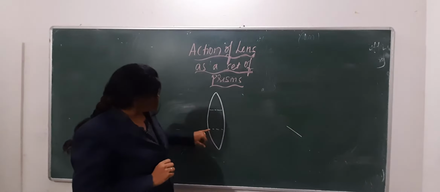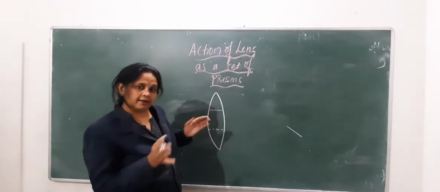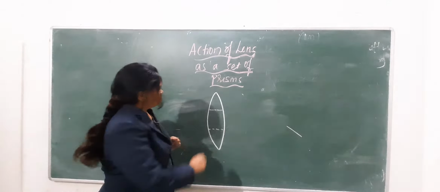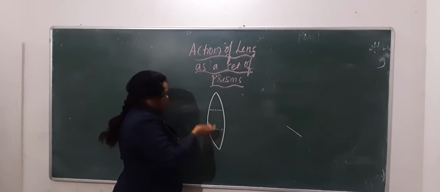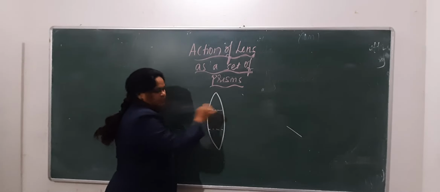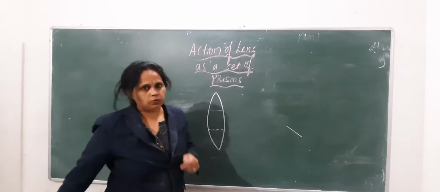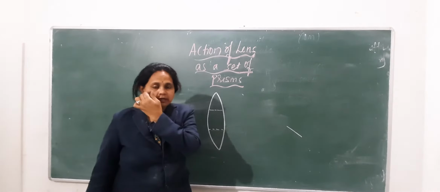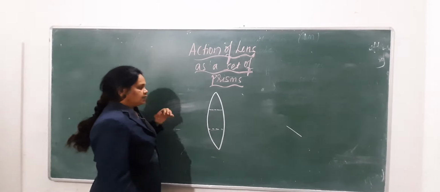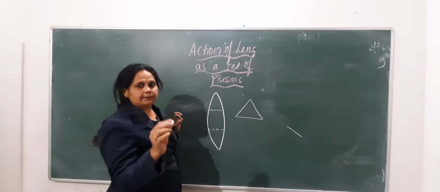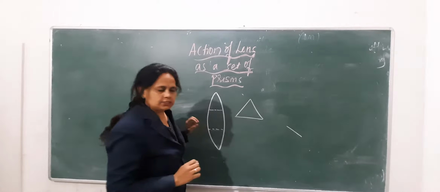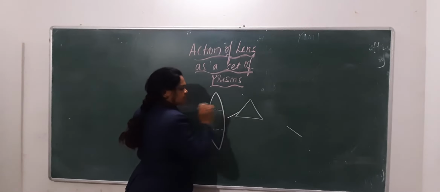One more thing you observe: the bases of these prisms are inwards. For this prism this is the base, which is inward, and for this prism the base is inward. This is the real thing which you have to understand. Let me recall the prism and understand what happens when a ray of light enters it.